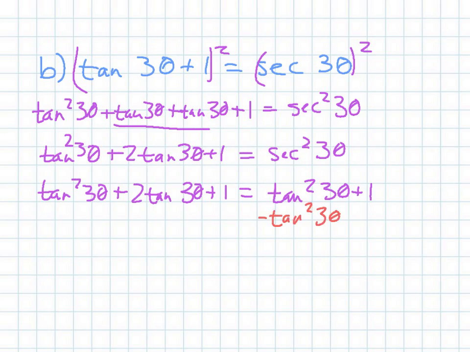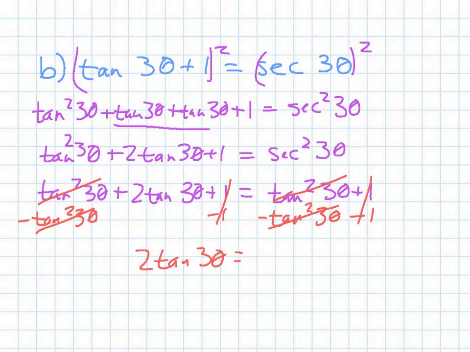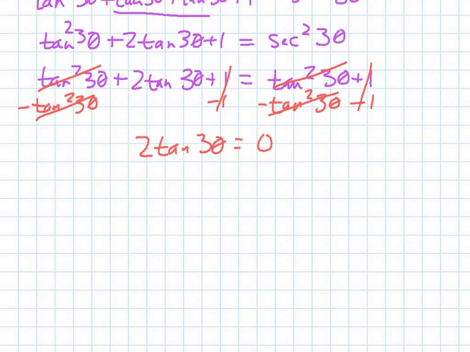Now the nice thing with this problem is that the squares cancel each other out, so I don't have to worry about factoring or anything. The ones actually cancel out, so all I'm left with is 2 tangent of 3 theta equals 0. Then I divide by 2, and so that leaves me with tangent of 3 theta equals 0.